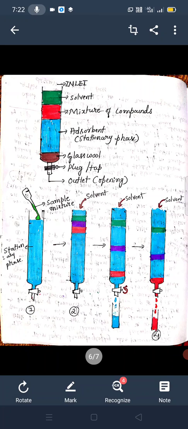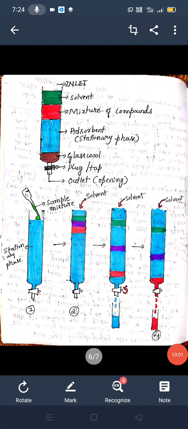Before experimentation or before packing of the column we have to place glass wool into the column, and after that we have to add stationary phase, and after that we have to add the mixture of compounds into the column, and after that we have to continuously add solvent for the separation of components of the mixture.